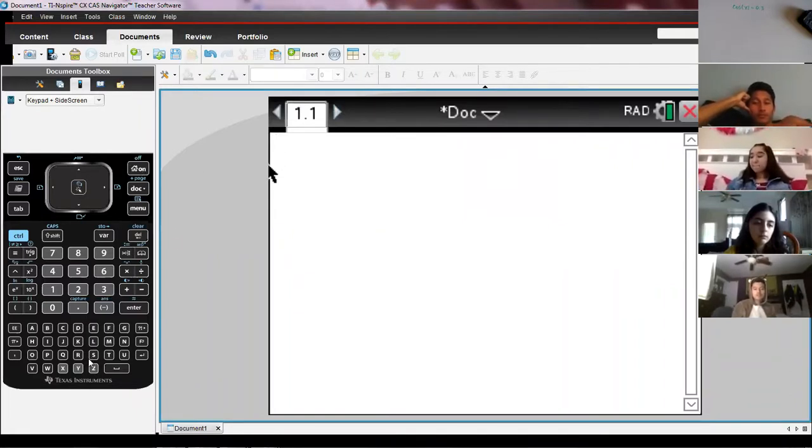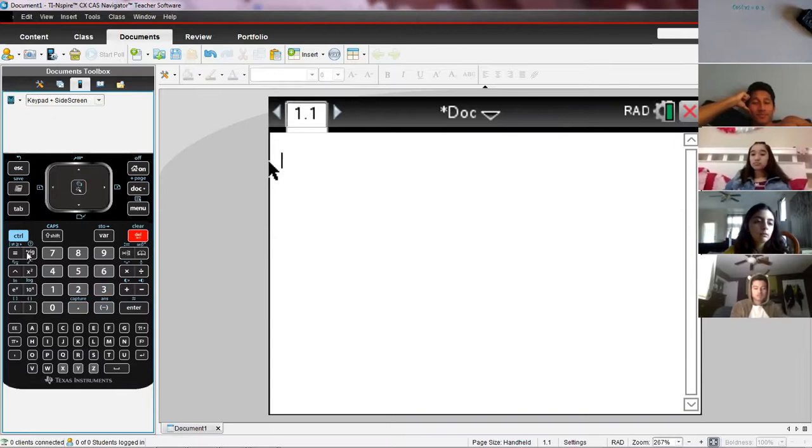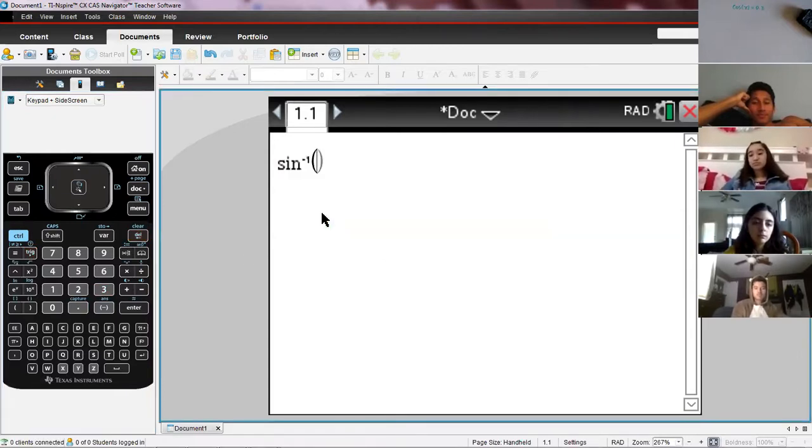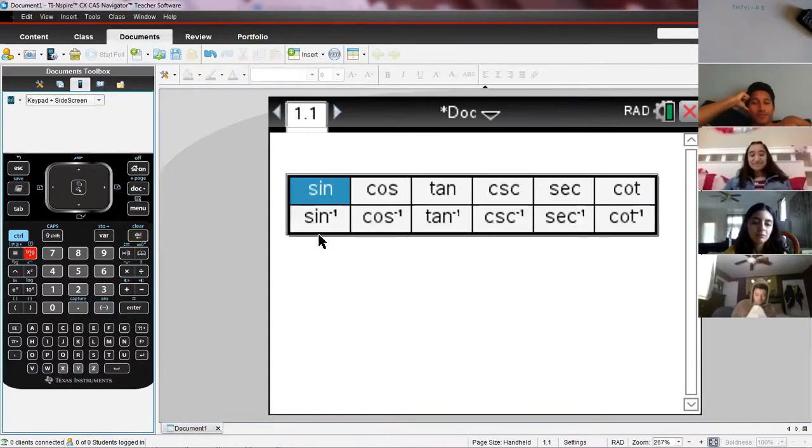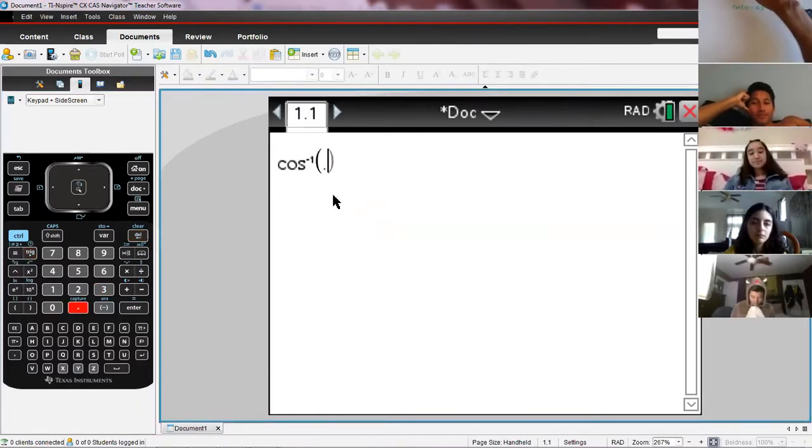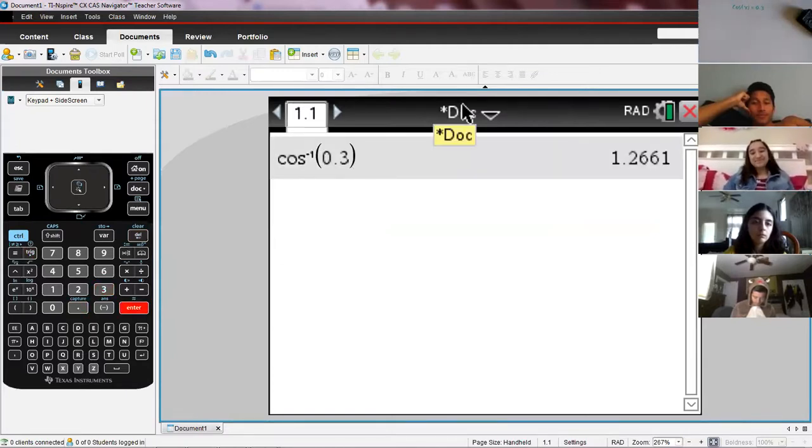Is 0.3, is 0.3, right? But we have to use the inverse function. So we take inverse cosine of 0.3, right? And we press enter, and we get the value in radians.